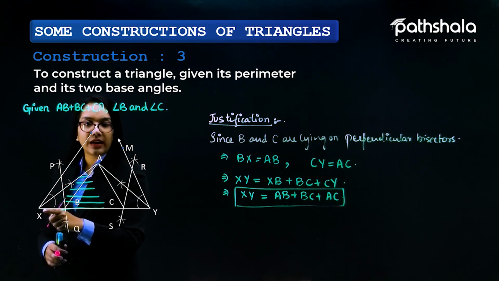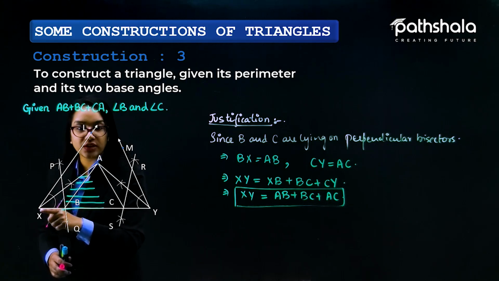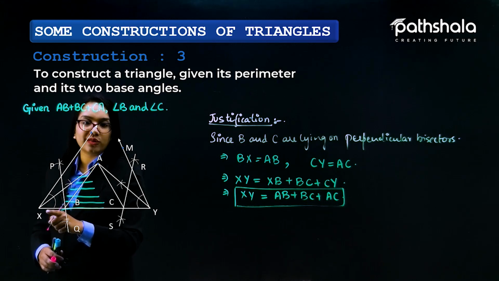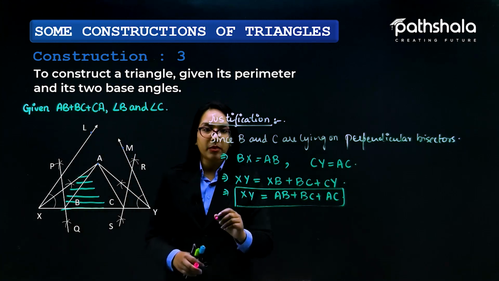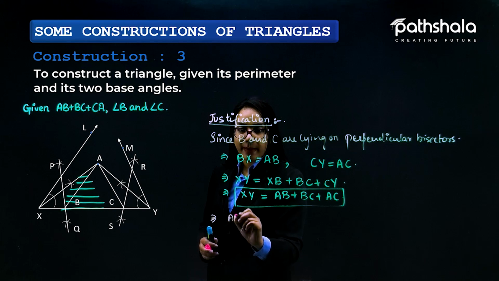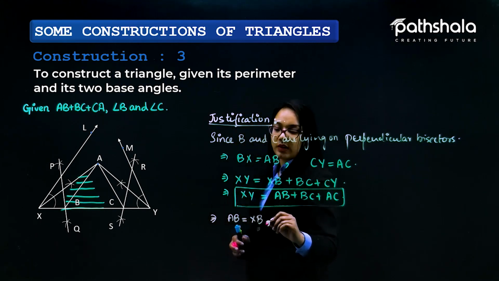If these two angles are equal to each other, it means that the sides are also equal to each other. How? Let us suppose I'm talking about all this scenario. We know that AB is equal to XB. We know that these two sides are equal to each other.